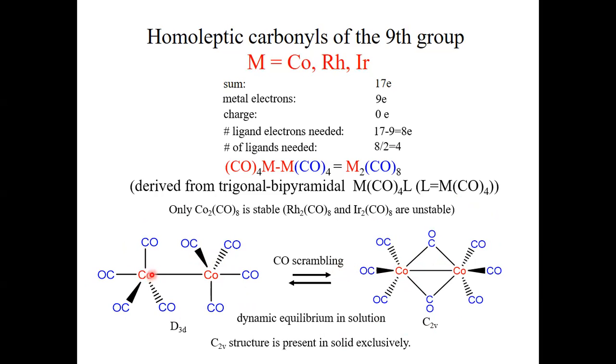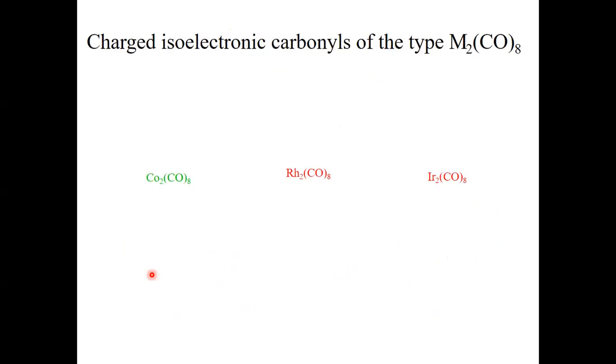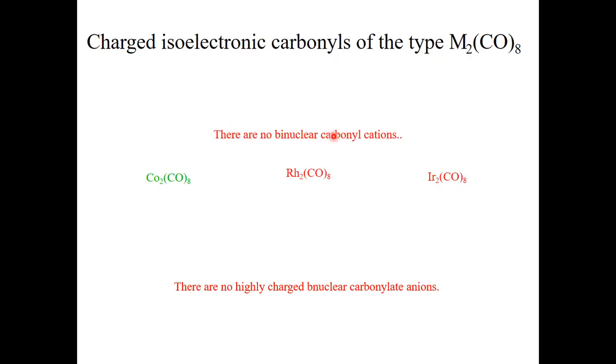So let us ask the question, well, can we also make charged carbonyls of that type? Again, the same rule as previously holds. There are no highly charged binuclear carbonyl anions, and there are no binuclear carbonyl cations at all.